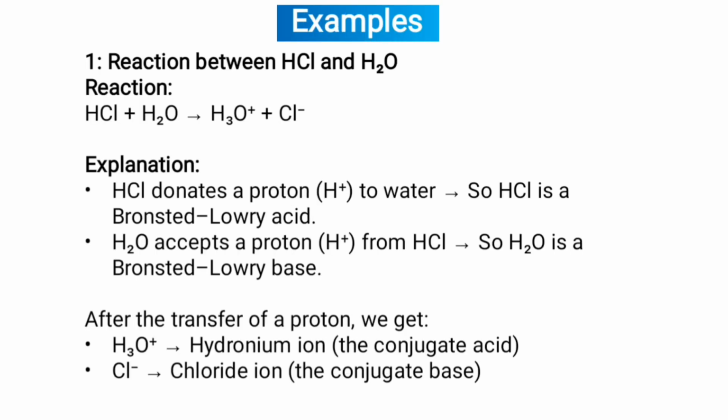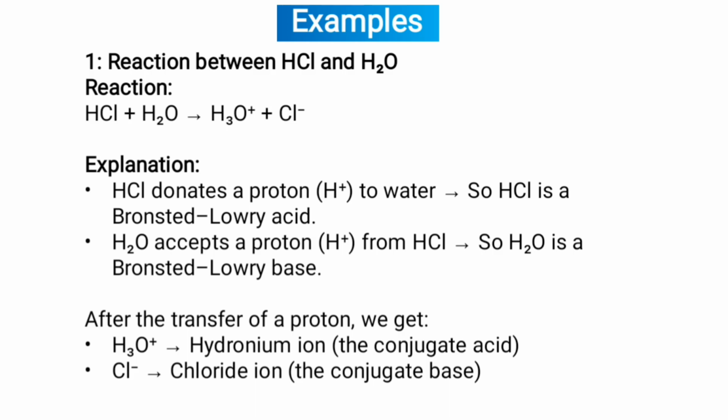Examples: first one, reaction between HCl and H2O. Reaction: HCl + H2O gives H3O+ + Cl-. Explanation: HCl donates a proton, H+, to water. So HCl is a Bronsted-Lowry acid, while H2O accepts a proton, H+, from HCl.